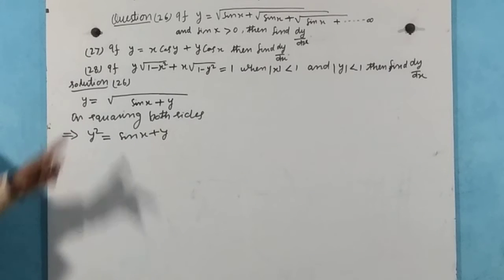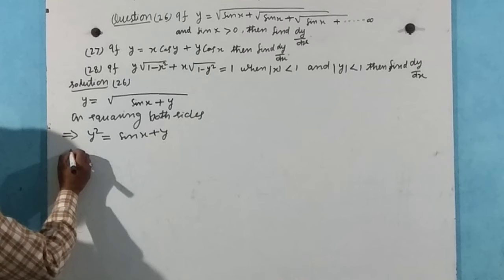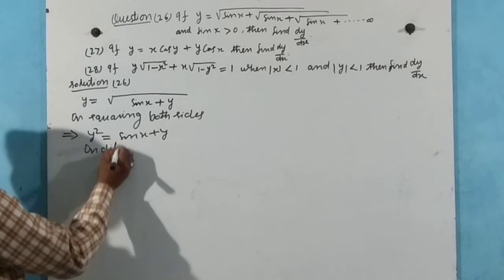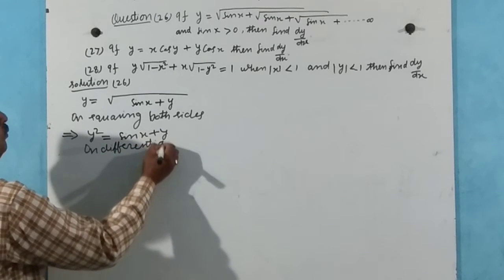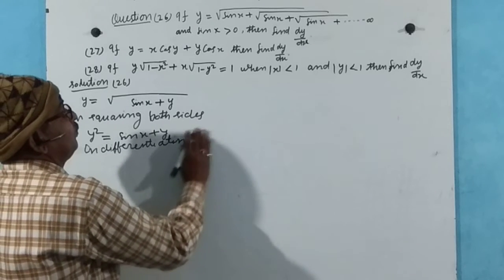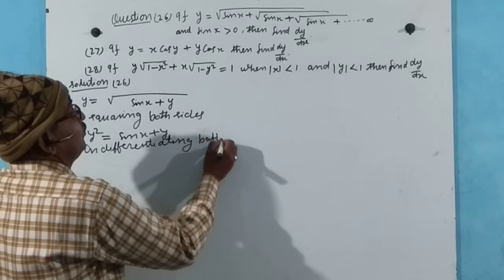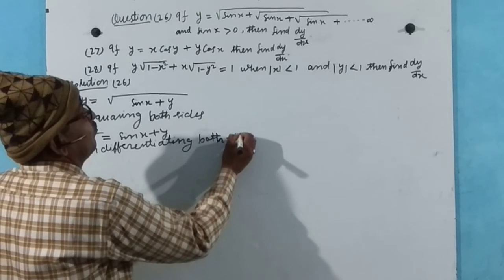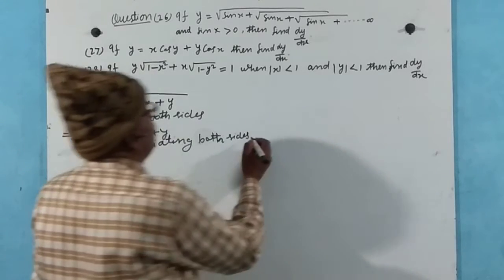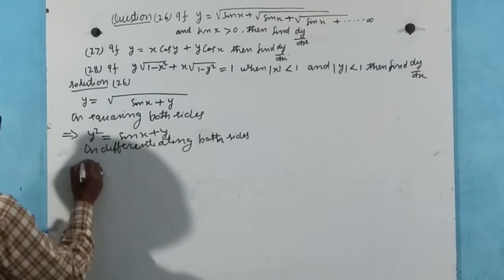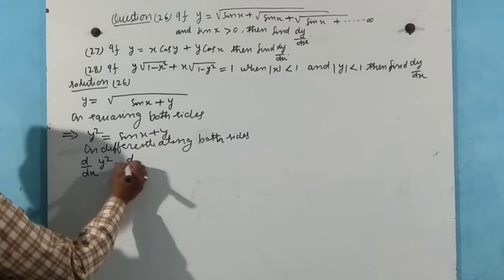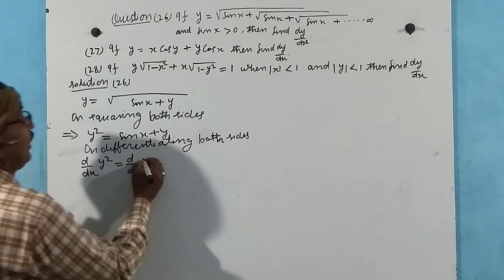Now we have removed the square root, and differentiating both sides with respect to x, d by dx of y square equals d by dx of (sin x plus y).